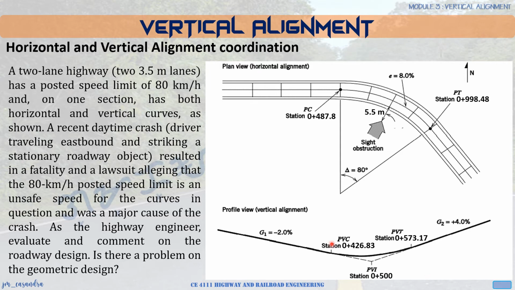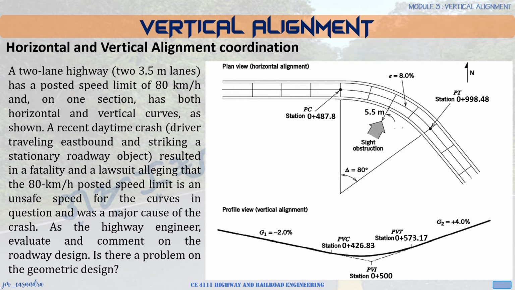So a recent daytime crash wherein the driver traveling eastbound, so papunta dito, eastbound, strikes a stationary roadway object, which resulted in a fatality and a lawsuit alleging that the 80 km/h posted speed limit is unsafe for the curve in question, or for the section in question, and is the major cause of the crash.